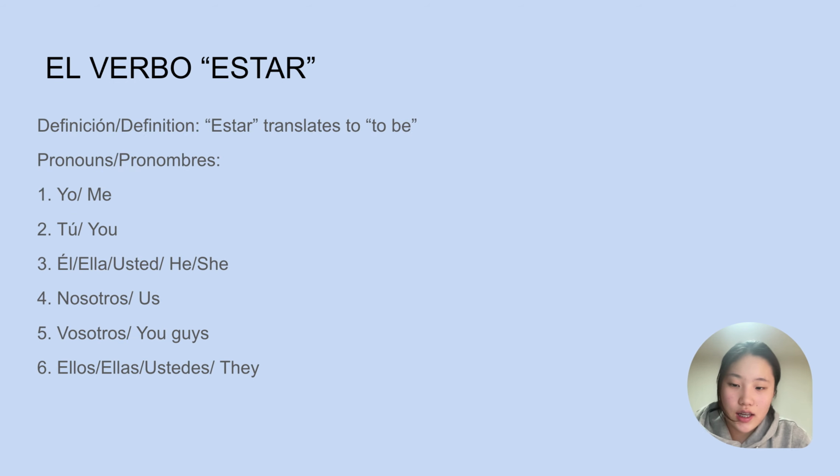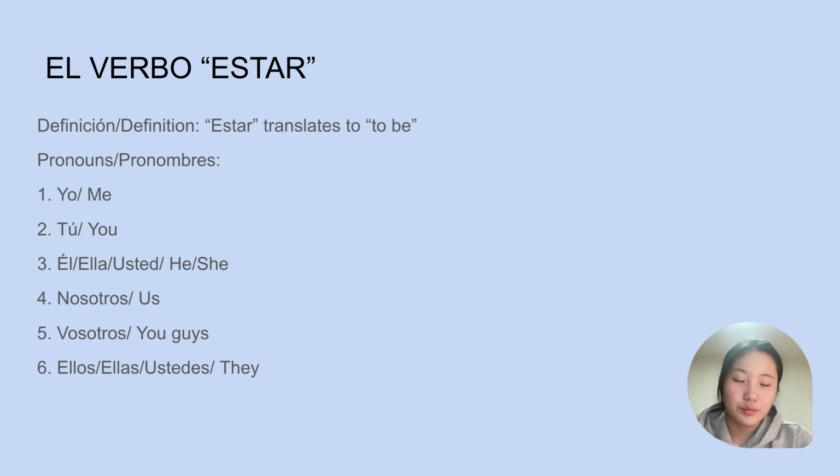Okay, next is the verb, el verbo estar, la definición para estar es to be in English, so it translates to be. To be for a person or an object. And we can also say the pronombres out loud again.